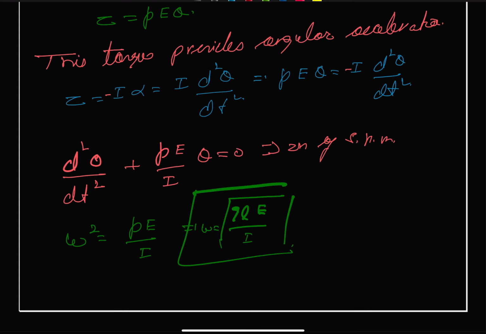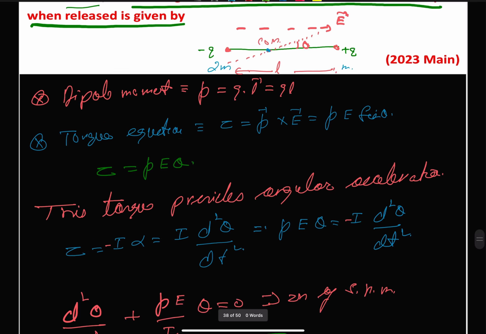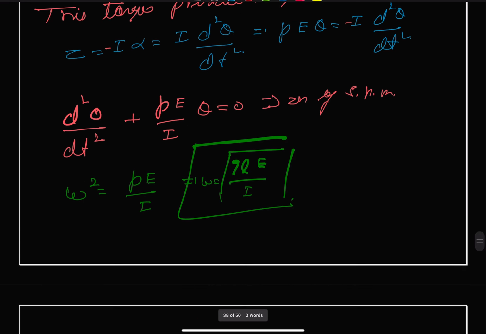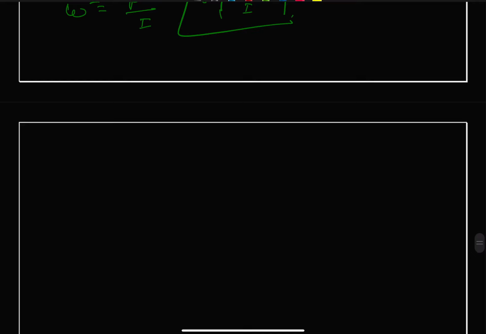Now we are going to substitute the value of moment of inertia. Let me draw this figure here. We have minus Q with mass 2m, plus Q with mass m, and the center of mass is somewhere here.